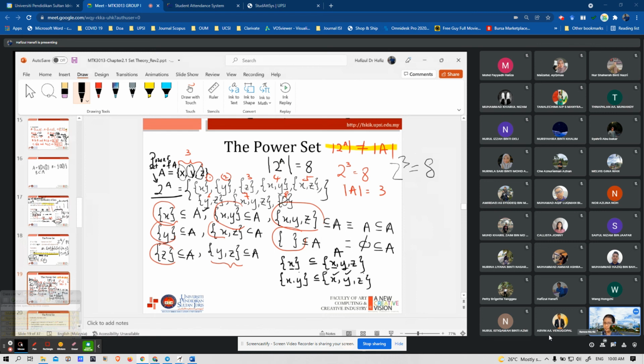We have 8. We can find X is a subset of X, Y, Z, because we have the same element, and X, Y is a subset of X, Y, Z, because X, Y is included in the other set.